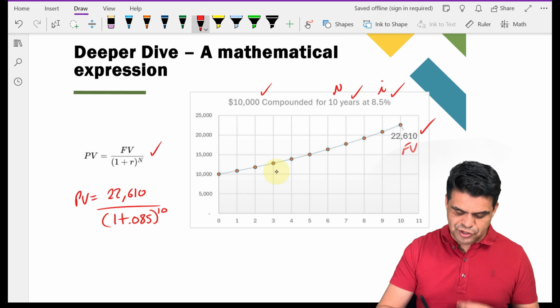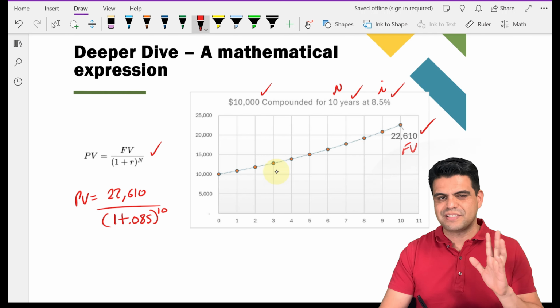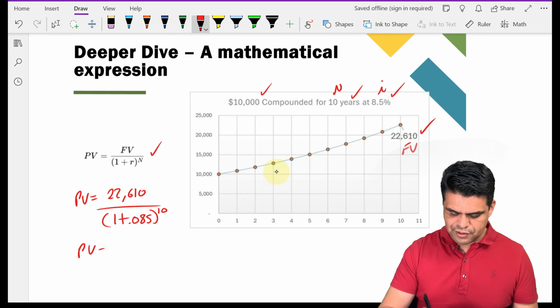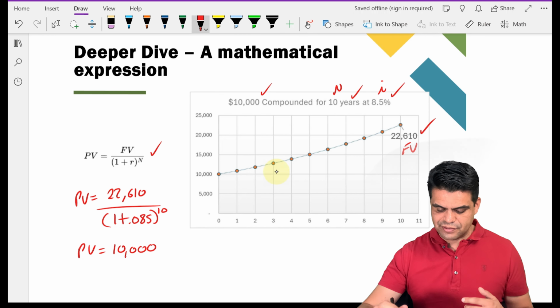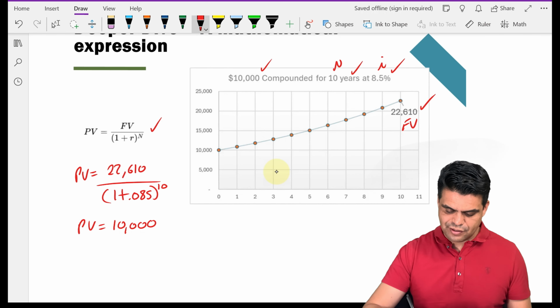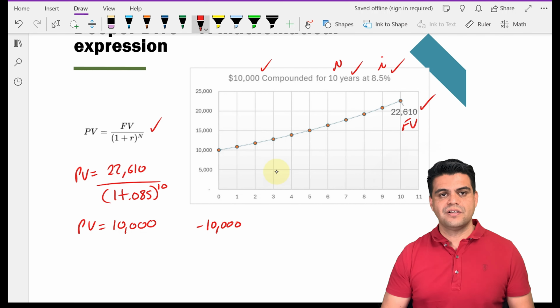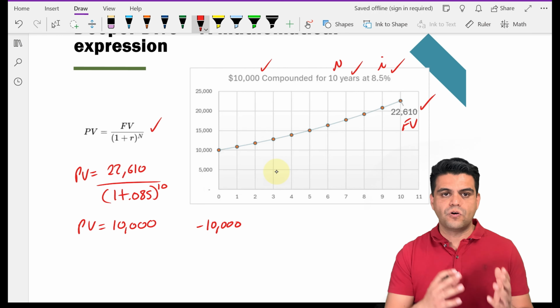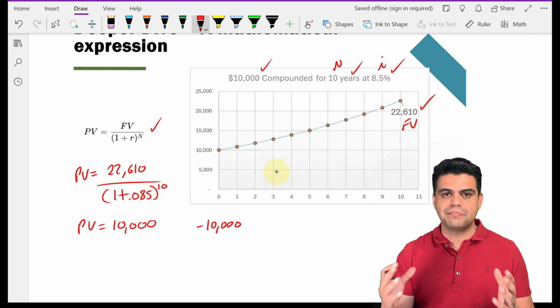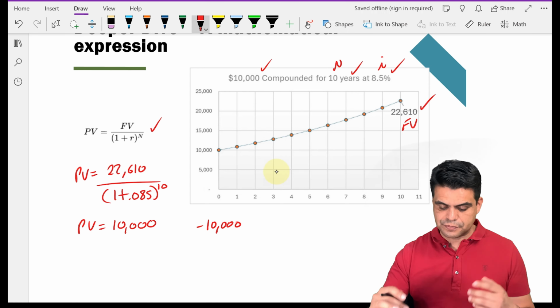But I know for the most part, you're going to be off by, I think, maybe 7 cents. But the present value is going to be $10,000, whereas our calculator says that the answer is actually negative $10,000. So as I explained before, the actual formulas for time value of money are pure mathematical expressions.